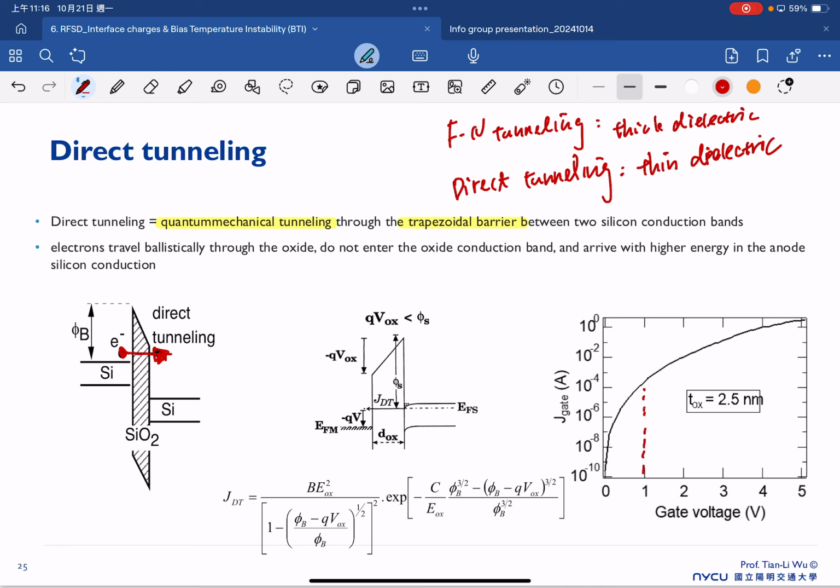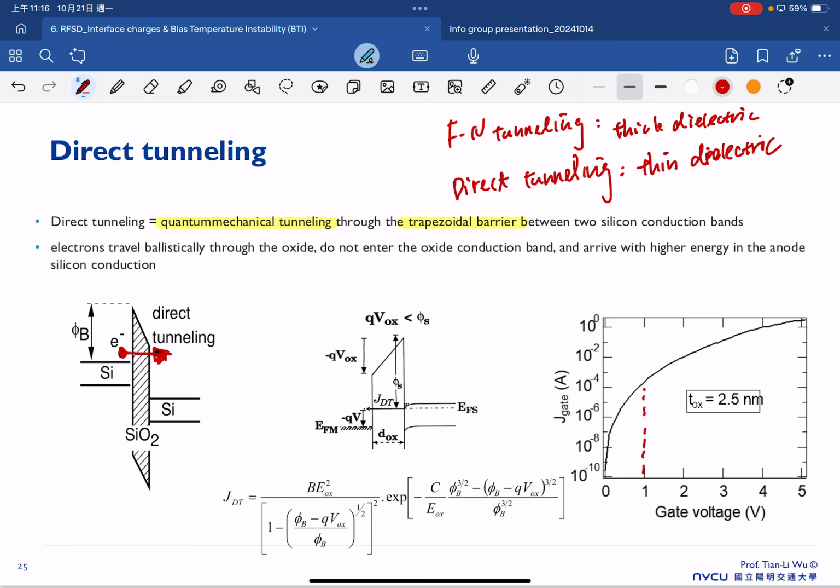And here is another very clear piece of evidence related to direct tunneling. The figure here is a little bit vague, not very clear, but it comes from a very famous paper published in 1997. This is from Professor Yuan Taur. If you are in the field, you have probably already seen it.